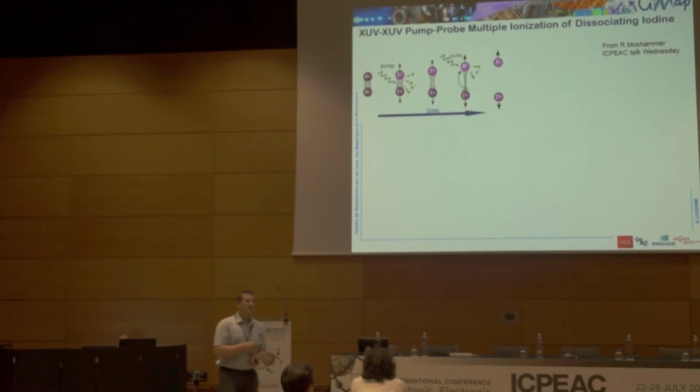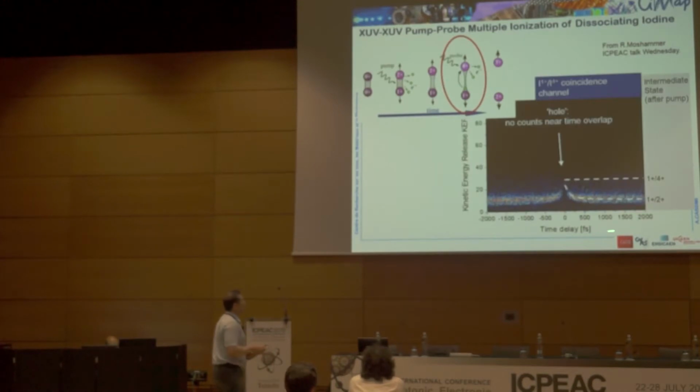That's another slide that I have stolen, I told you, where they used XUV pump-probe to test the multiple ionization of iodine, and they were interested in asymmetric fragmentation channels. And they changed the time between the pump and the probe, and they looked at how much of this fragmentation channel they could get.